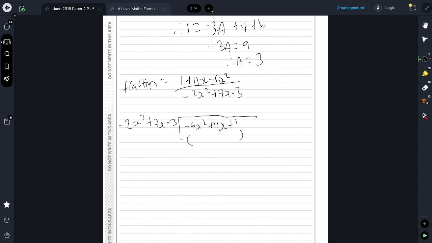Okay, you're going to times this by minus 3, wouldn't you? No, you want to times by... Yes, because the idea is you want to eliminate x squared.